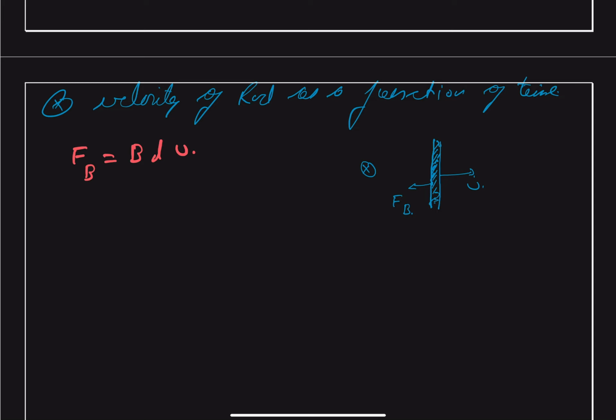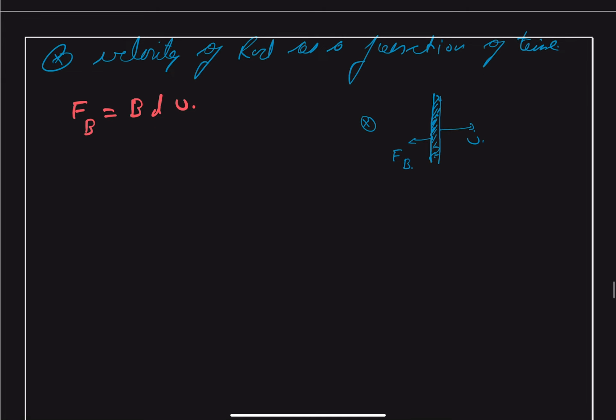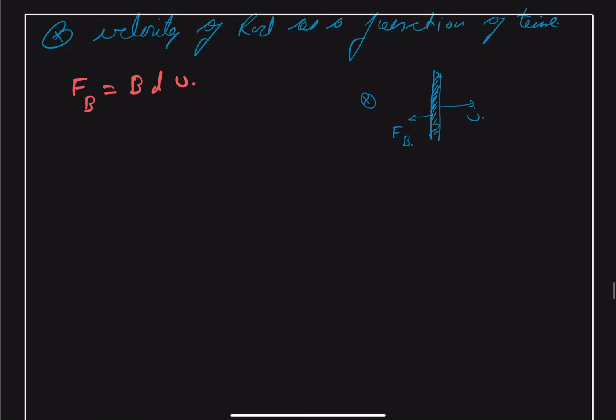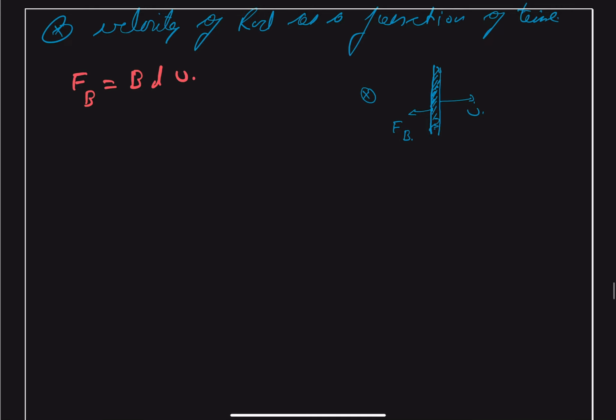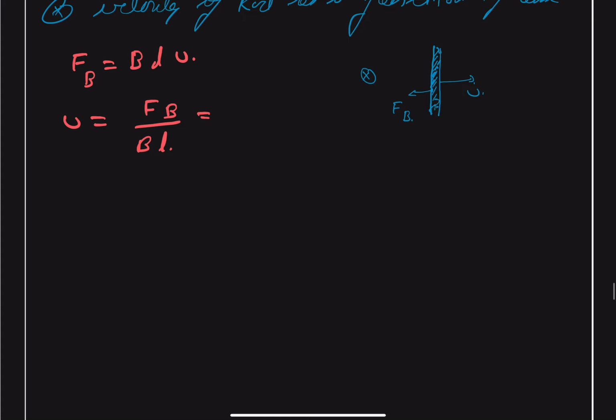Therefore, we can write that the velocity as a function of time, if we modify this equation, is V equal to F divided by B L. And this velocity is our dx upon dt.